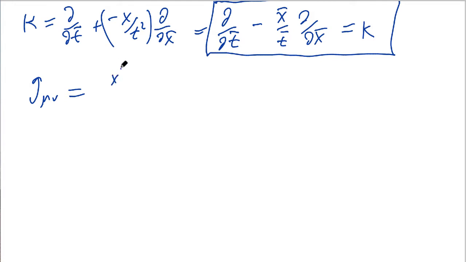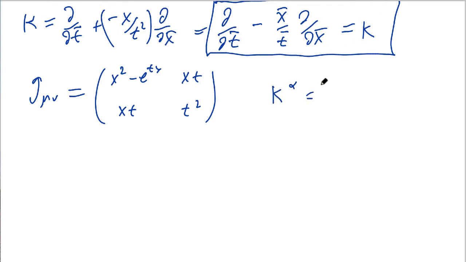So this is x squared minus e to the tx. The off-diagonal terms are xt and xt, and this term is t squared. And the Killing vector right here has components 1 and minus x over t.